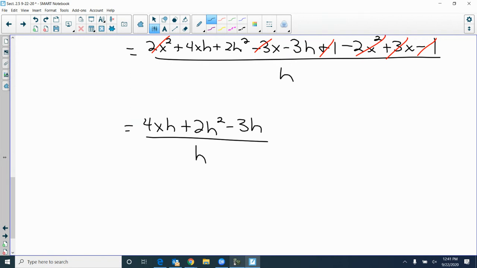One thing we need to do, though: what does everything in the top have? They all have an h. Factor that out, because this should always cancel with the h in the bottom. So I get 4x plus 2h minus 3 all over h.